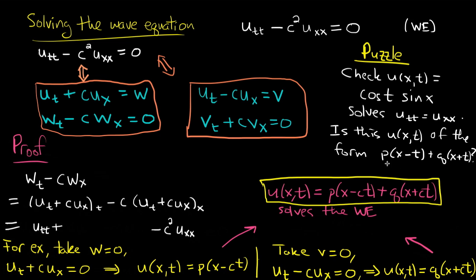So what I'm asking is, can you find functions p and q such that the function cosine t times sine x, which is a solution to this wave equation, is a sum of a wave moving to the right and a wave moving to the left? Go ahead and pause the video and give this puzzle some thought. In the next slide, we're going to prove, in fact, that any solution to the wave equation has this form. So your efforts will not be fruitless, I promise.